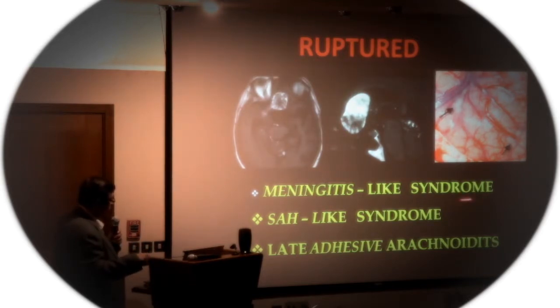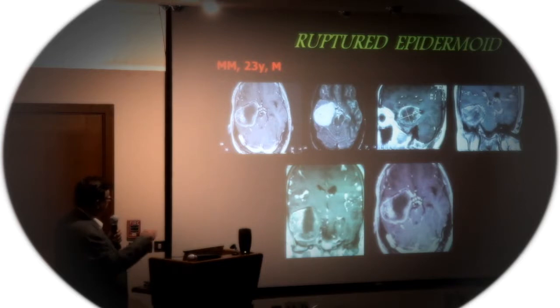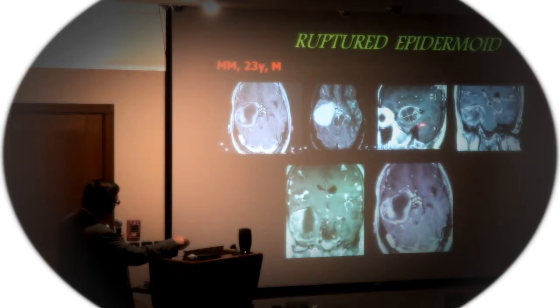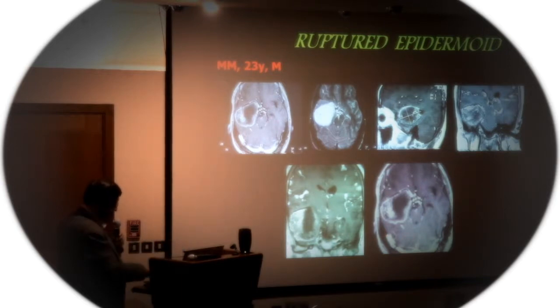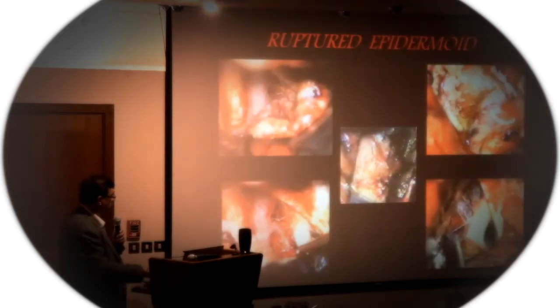They give meningitis-like syndrome or subarachnoid-like syndrome, and the importance is that they will cause adhesions later on. Again, one of my cases, this 23-year-old man from the West Bank, Palestine, and you can see the tumor is ruptured, and look at the fat droplets distributed in the subarachnoid space. They can rupture spontaneously or after trauma.